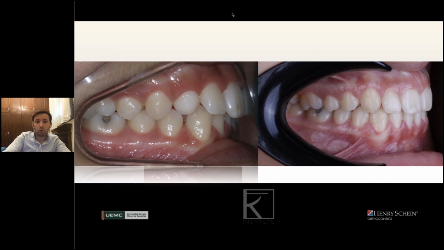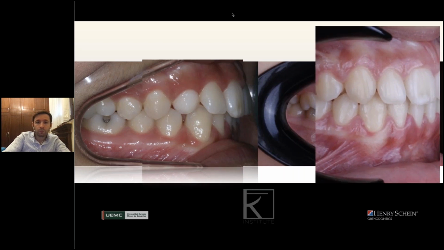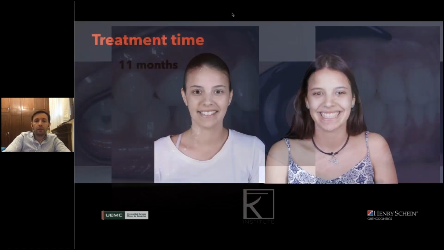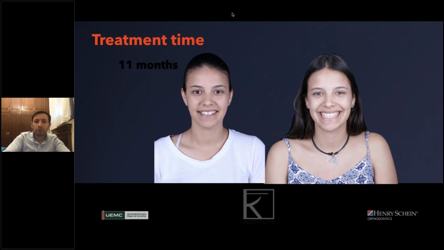Look, we made the treatment in less than 1 year, from that position, the deciduous one, the birth one, to the definitive one. Look at 11 months of treatment, less than 1 year. In less than 1 year, I can solve malocclusions like this.